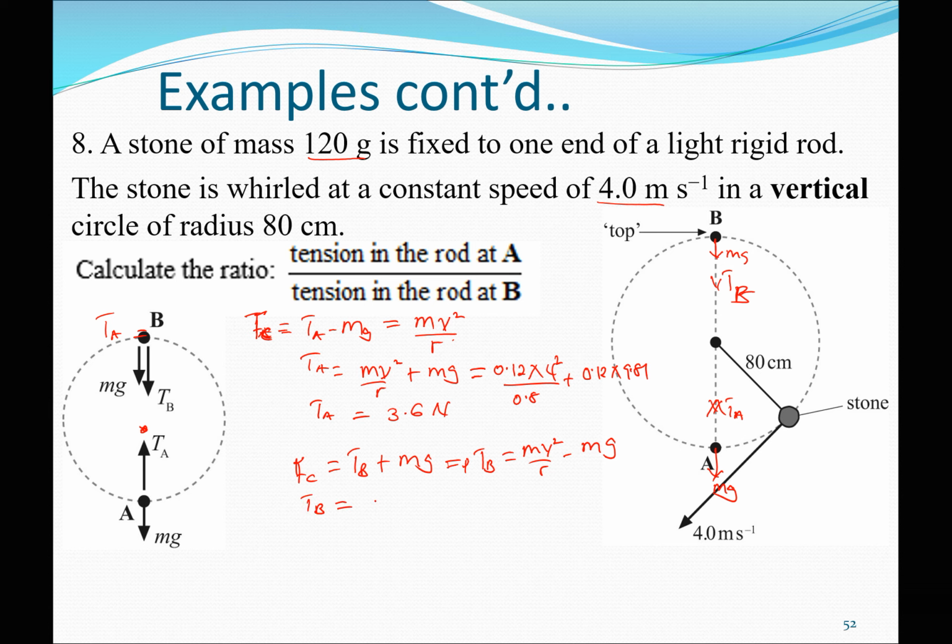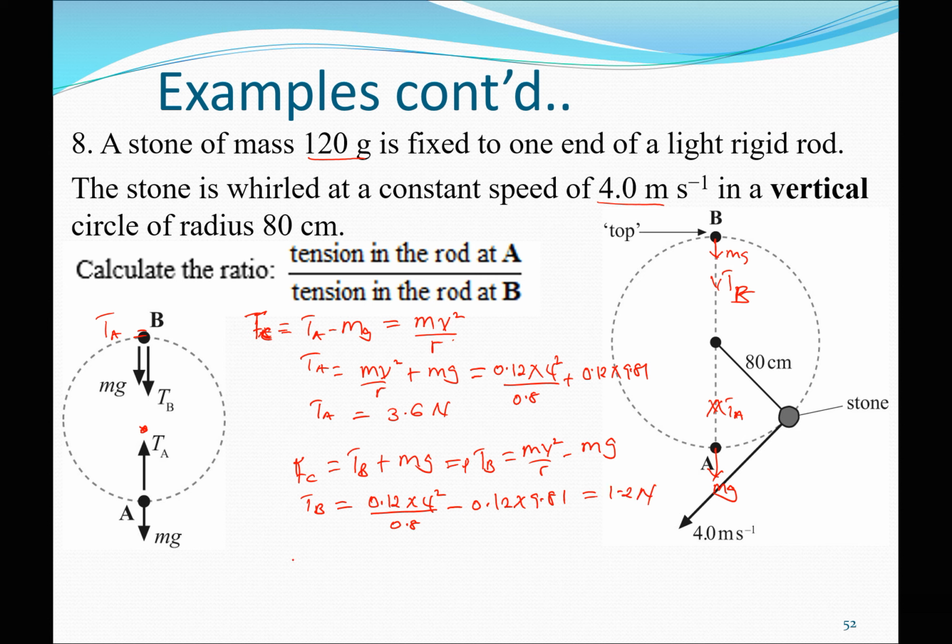TB is going to be equal to 0.12 times 4 squared divided by 0.8 minus 0.12 times 9.81. So this is giving me 1.2. So TB is going to be equal to 1.2 newtons.